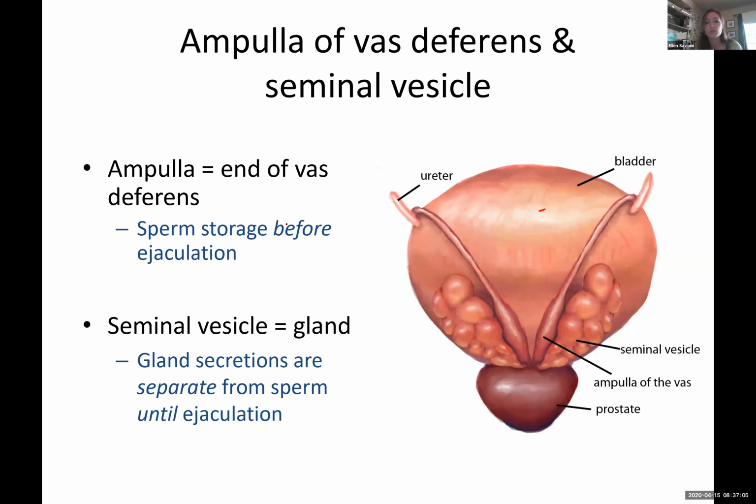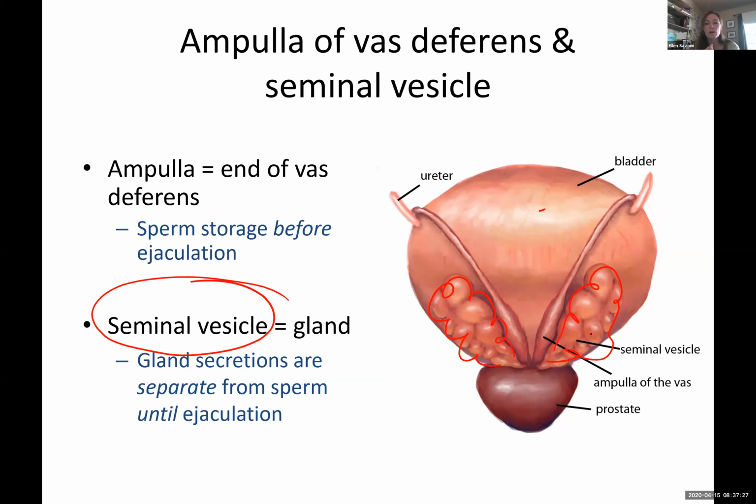Now notice these really globular glands next to the ampulla. Those are the seminal vesicles. Those are the largest secretions that we will receive in what ultimately forms semen. So we keep the secretions separate from the ampulla.